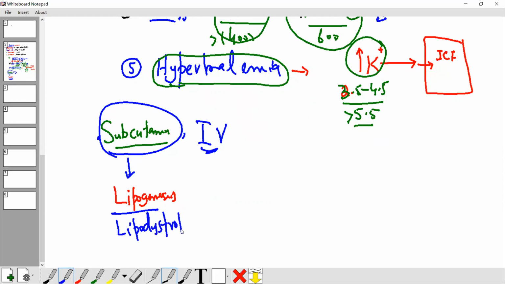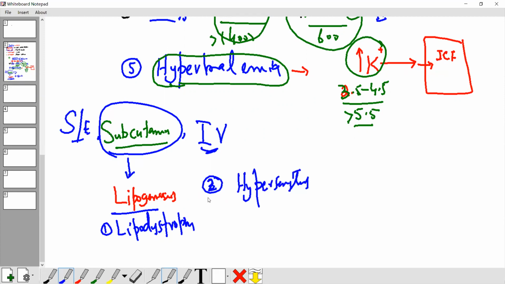It's one important side effect. Another side effect of insulin, these are drawbacks. These are the side effects. Side effect number one, lipodystrophy. Side effect number two, hypersensitivity. Side effect number three, hypoglycemia.